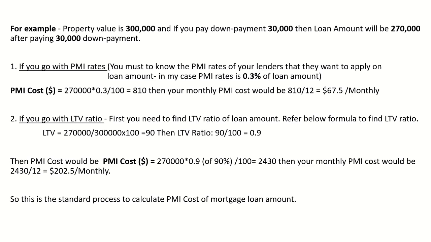Or if the lender does not provide the PMI rates, you can simply go with the LTV ratio to calculate PMI cost. So this is the standard process to calculate PMI cost of a mortgage loan amount.